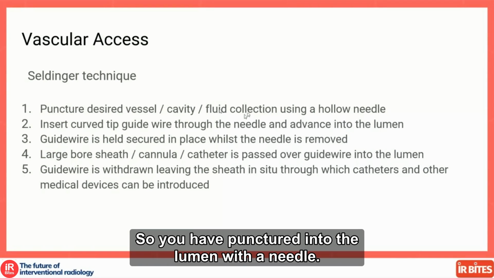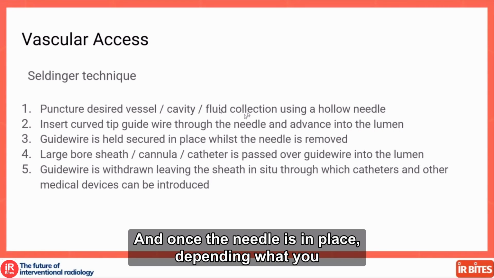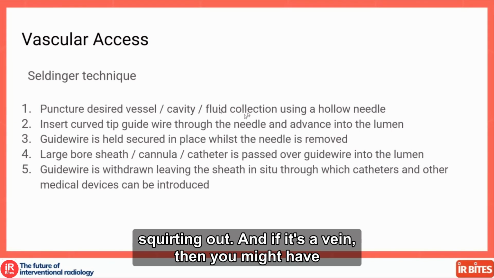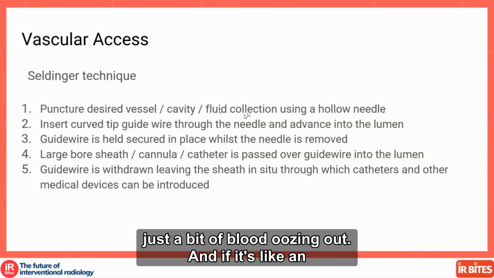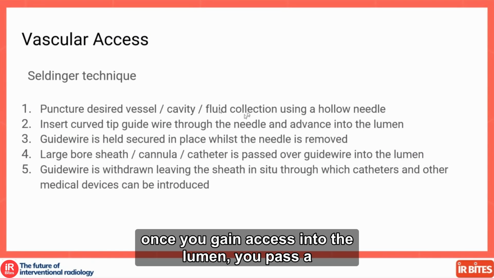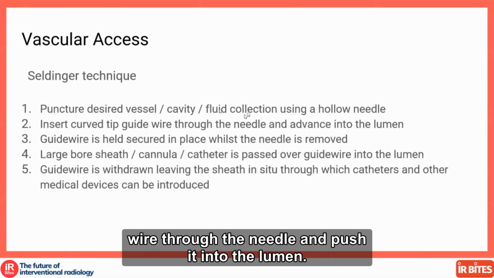So you have to puncture into the lumen with a needle. And once the needle is in place, depending on what you are puncturing, if it's in the artery, you have blood squirting out. And if it's a vein, then you might have just a bit of blood oozing out. And if it's an abscess, you might have pus coming out. And immediately, once you gain access into the lumen, you pass a wire through the needle and push it into the lumen.